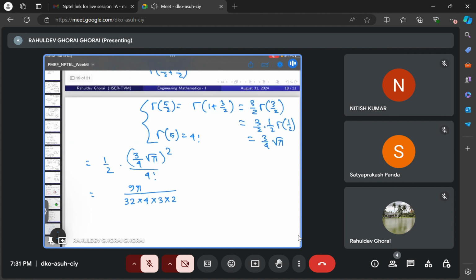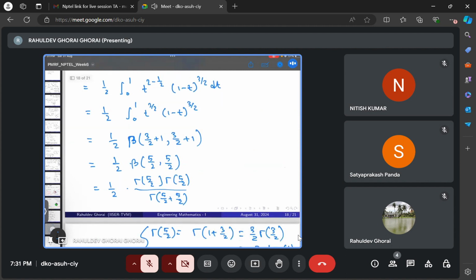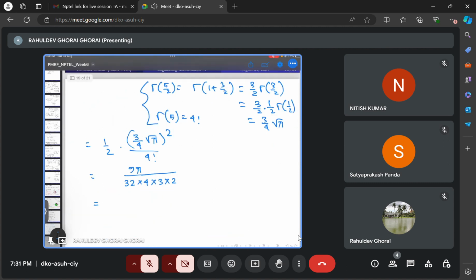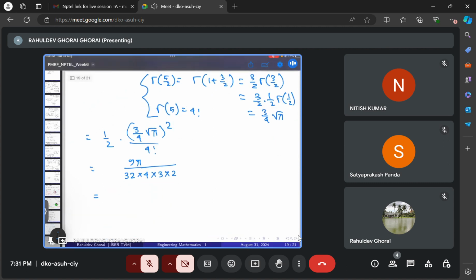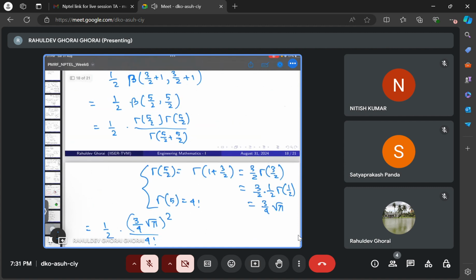So what will be this value? Did I make a mistake here? Okay, no problem. So this will be 3 pi over 256, right? So the answer might be given as pi over 256. That's what I am thinking, where I made a mistake.